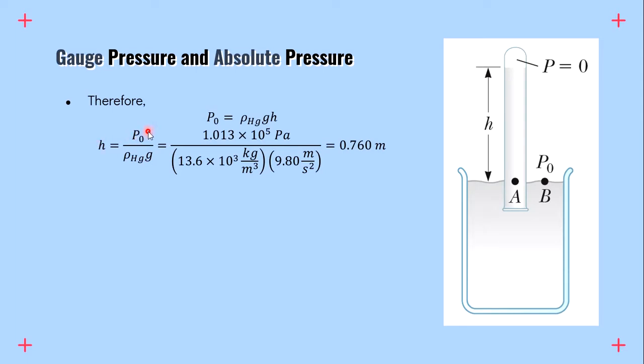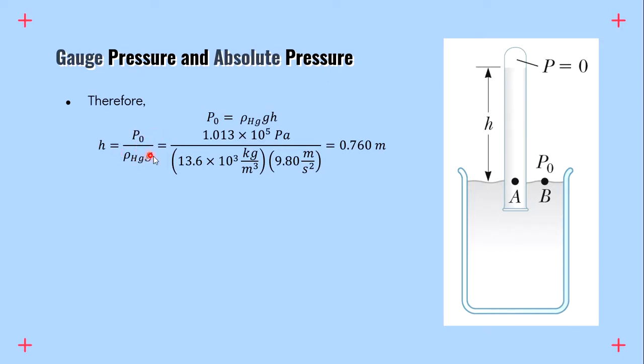So h is equal to P naught over rho Hg g. So P naught, or the pressure at point O, is equal to rho Hg, the density of mercury, times g times the height of the column of the mercury.